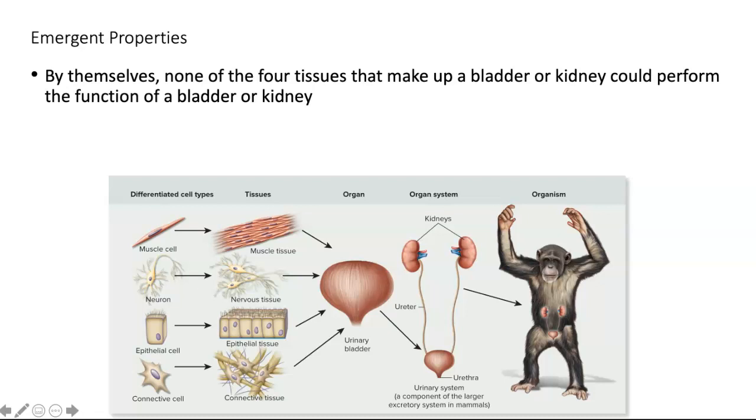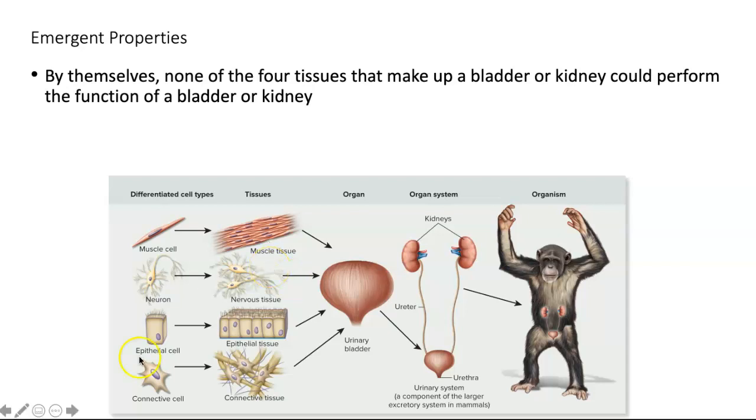A bunch of those will make these different tissue types. But the different tissue types, the nervous tissue or muscle tissue, are themselves too specialized to actually hold liquid, move that liquid, expand and contract, right? As well as, and that's just the bladder, right?